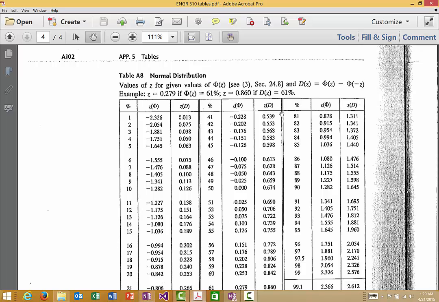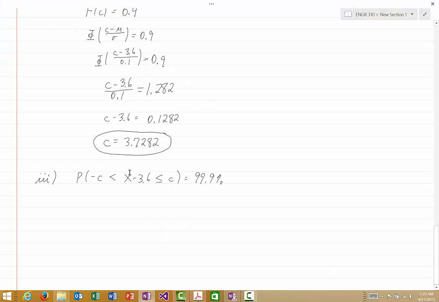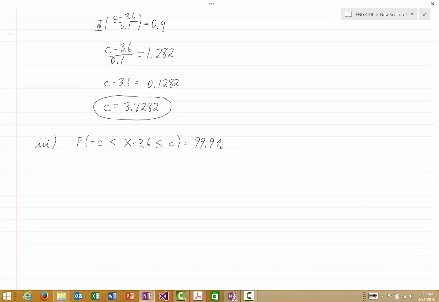First, we need to do our usual conversion from probabilities to phis. Remember, first we write it in terms of capital F, and then we go from F to phi.